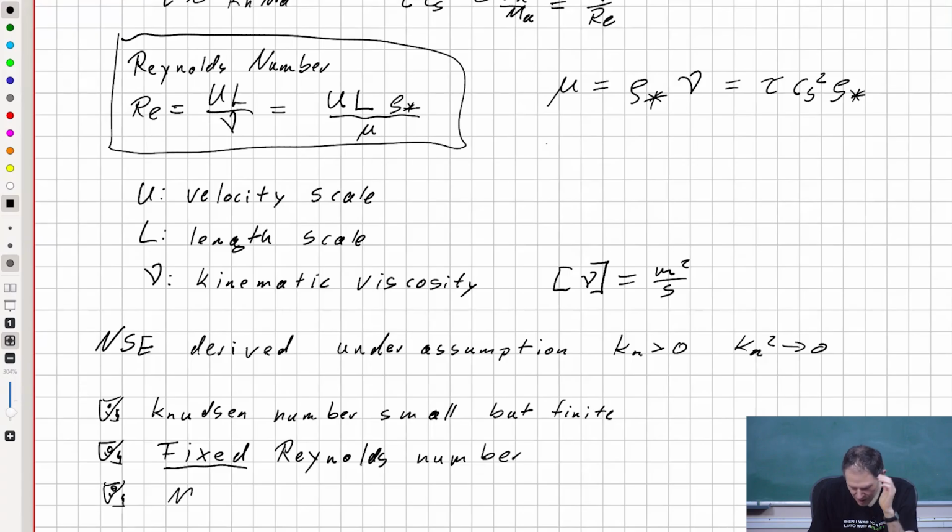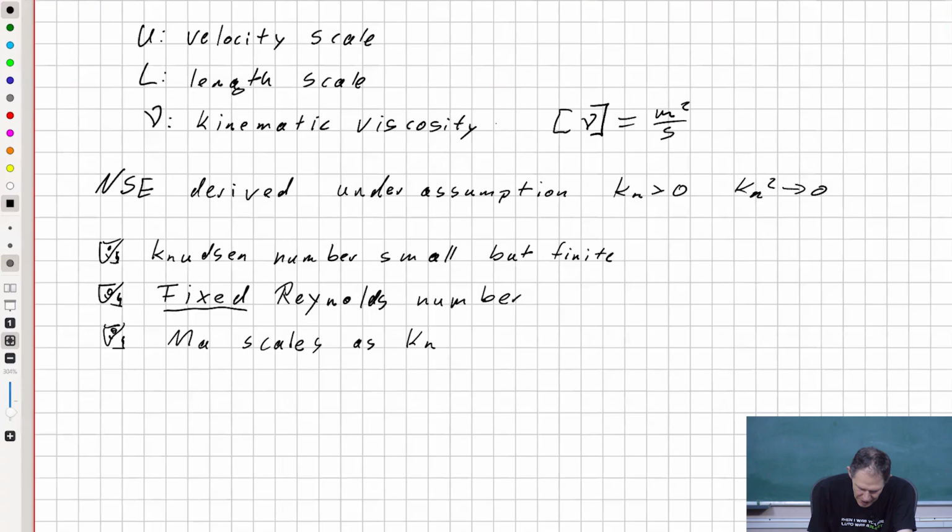And the Mach number should scale as the Knudsen number. So, yesterday after the lecture, I told you a little bit that the Navier-Stokes equation can easily fall apart.